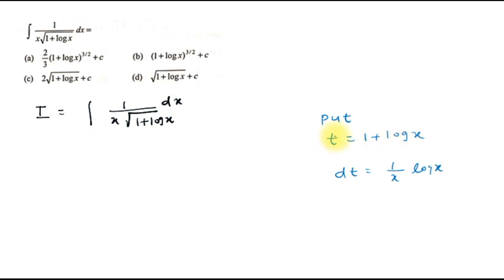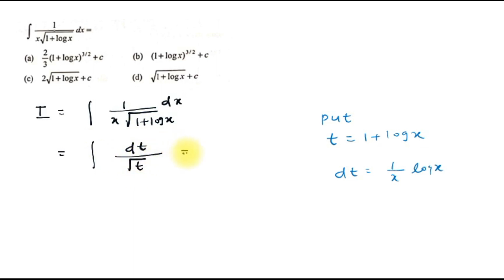Now if we differentiate t, dt is equal to differentiation of 1, which is 0 as 1 is a constant, plus 1 over x, so dt becomes dx over x. Now here, the overall part dx over x becomes dt, and 1 plus log x becomes t. So this integration can be written as integration of dt over under root t.